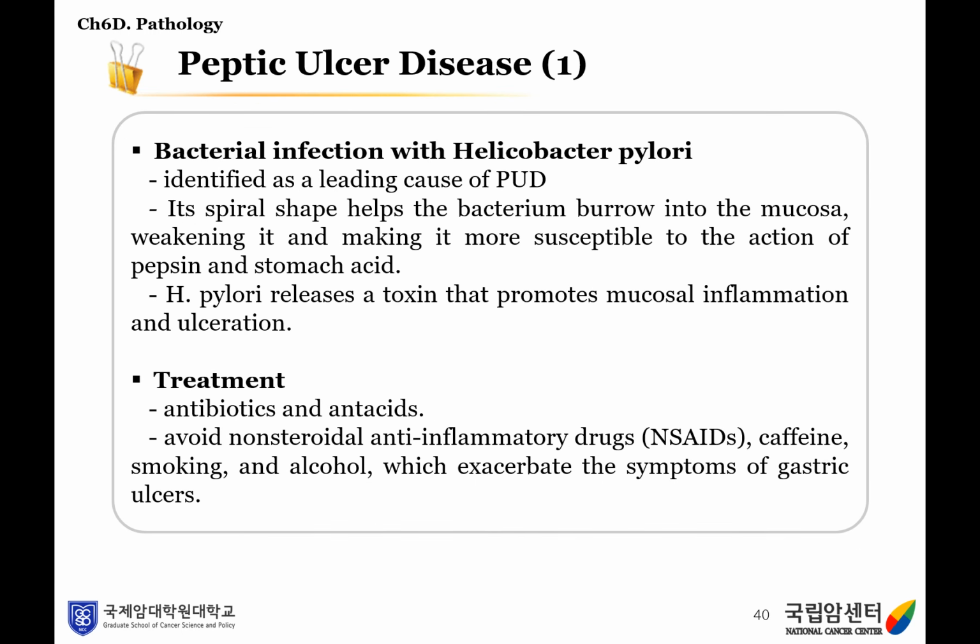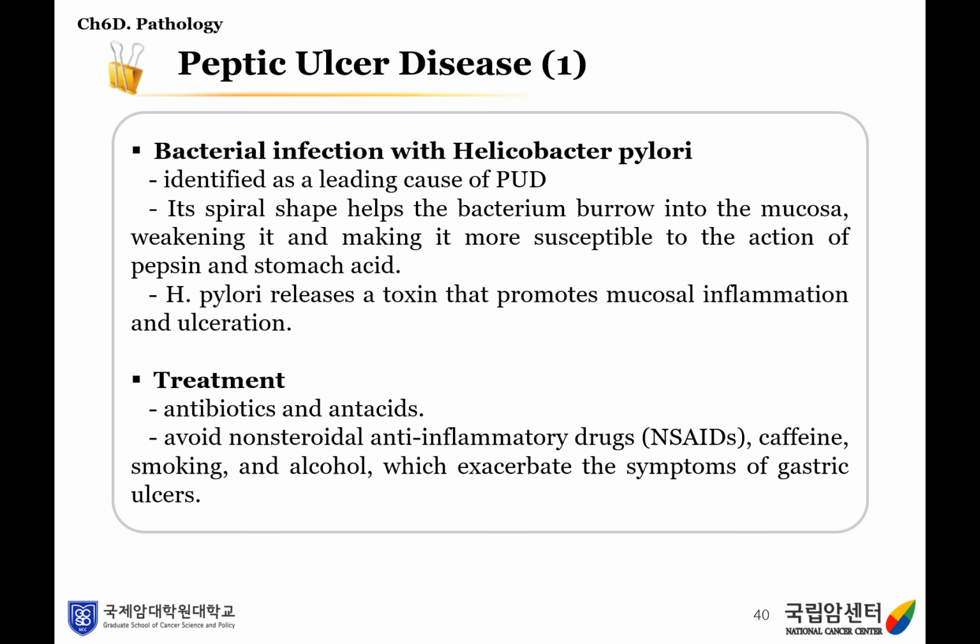And bacterial infection with Helicobacter pylori is the leading cause of PUD. In here, PUD means peptic ulcer disease. Its spiral shape helps the bacterium burrow into the mucosa, weakening it and making it more susceptible to the action of pepsin and stomach acid.